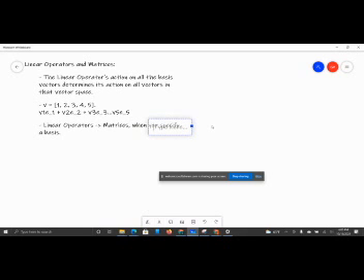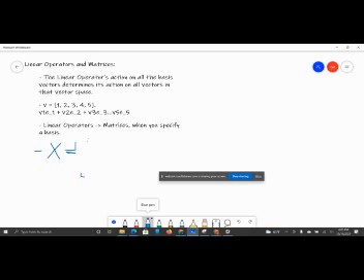I'm introducing this matrix X, and as you'll see later, this is actually an important matrix in quantum computing. But basically, this matrix X, rather than telling you about the matrix, I'll tell you about the linear operator first.